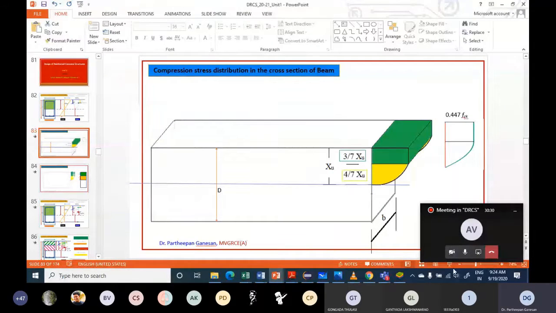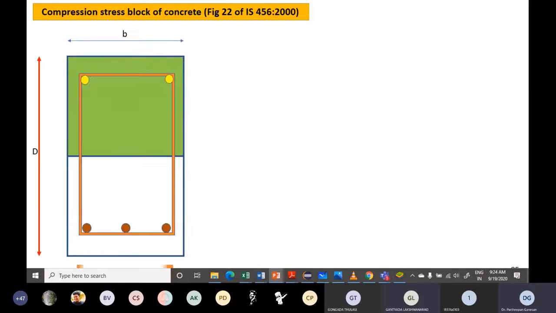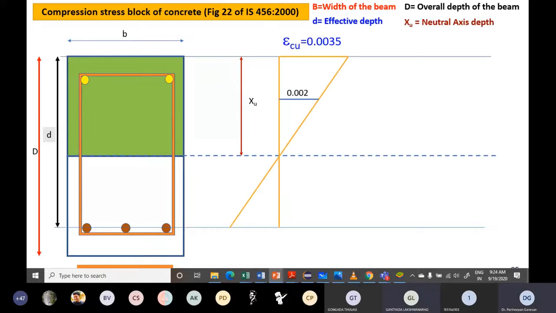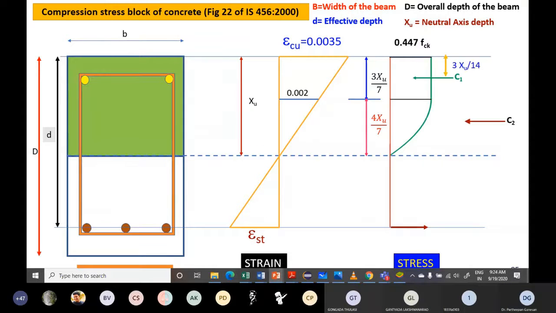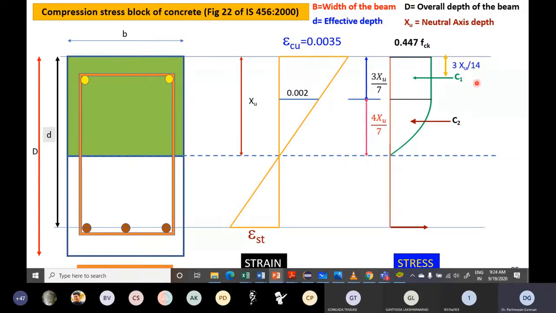So C1 is acting at a distance of 3 by 14 XU, and C2 is acting at a distance of 5 by 8 of this height 4 by 7 XU.